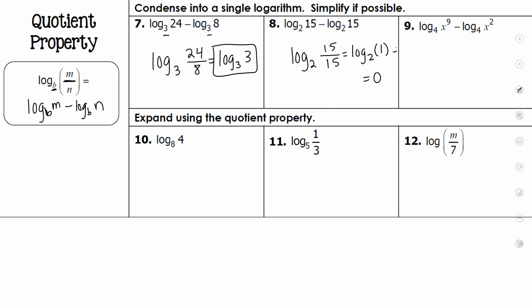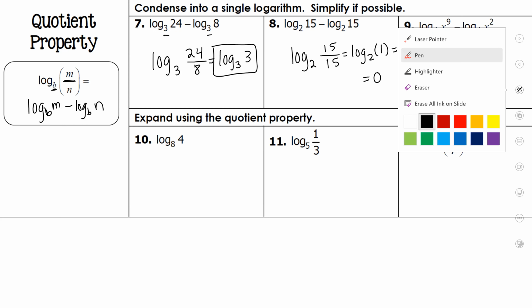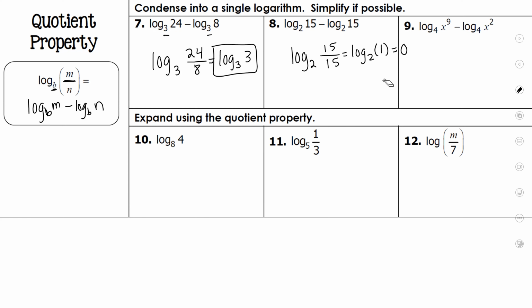This is equal to 0. Can you guys think of why? How can you rewrite this as an exponential? 2 to the power of 0 will give you 1, correct? So whenever you have a 1 in here, your answer is just 0. Okay, so this answer is just 0.